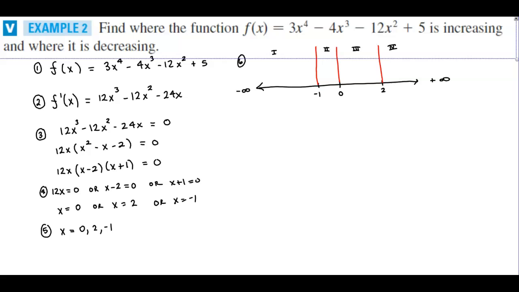Okay, if we pick a value in region number 1, let's pick negative 2.